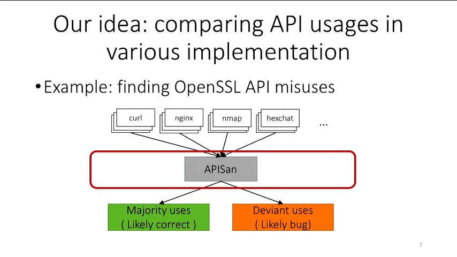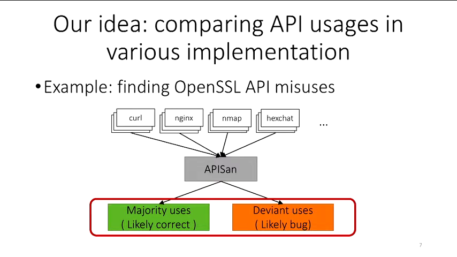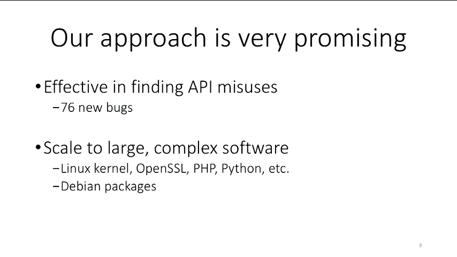API Sanitizer collects API usage context and produces majority uses and deviant uses. Majority uses are considered likely correct, and deviant uses likely bugs. Our approach is really promising, and we have found 76 new bugs in large complex software, including the Linux Kernel and Debian packages.